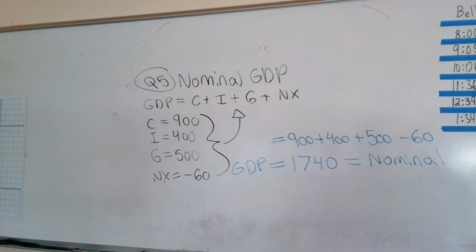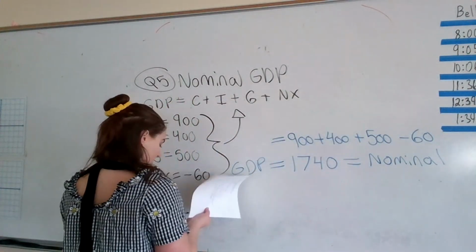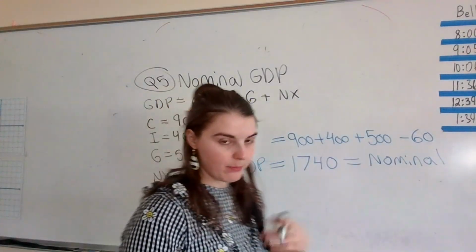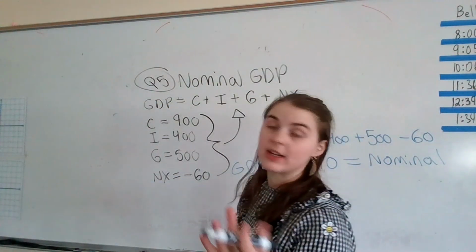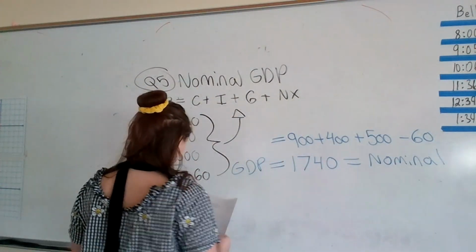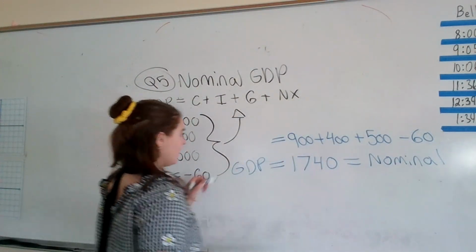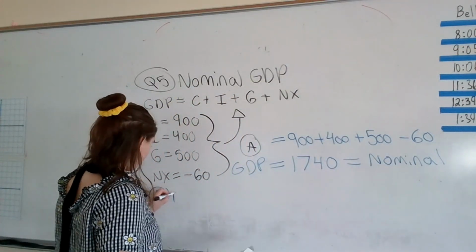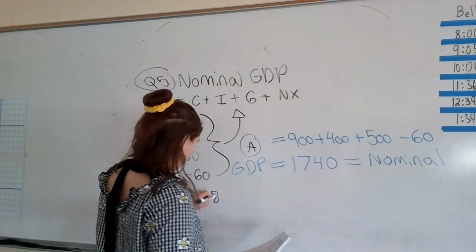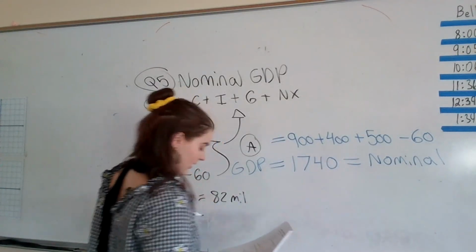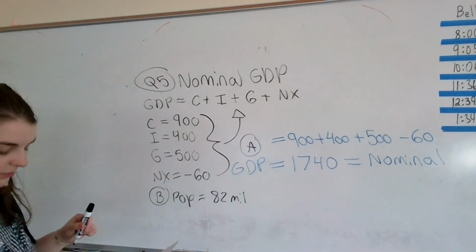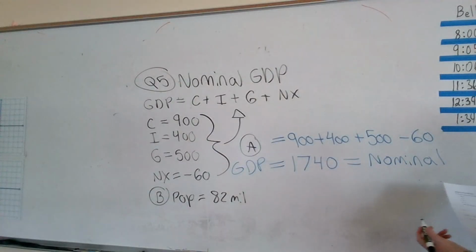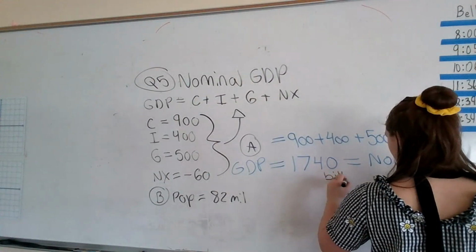And then the second question here is asking us about our per capita. Remember, per capita is looking at the population, like per citizen. So what is GDP per citizen? If we look at B, this is the answer to A. This tells us we have a population of 82 million, and we have a nominal GDP, this is in the billions.